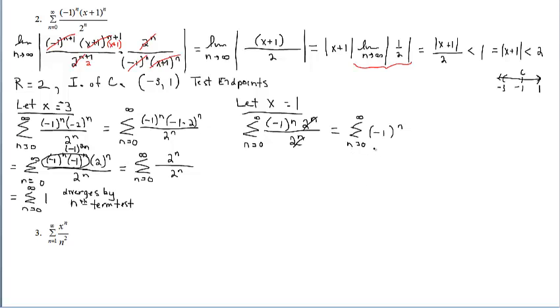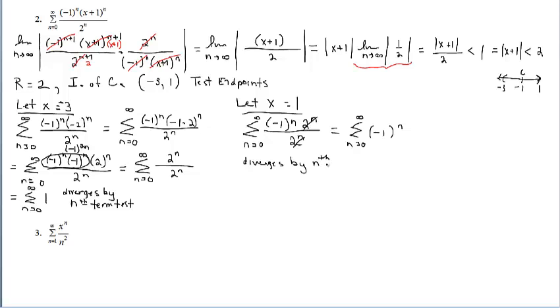All right, if you were to expand this, you're going to see that you're going to have 1 minus 1 plus 1 minus 1, etc. That's not going to converge. That's actually going to diverge, so I might put a note to myself. This diverges also by the nth term test.